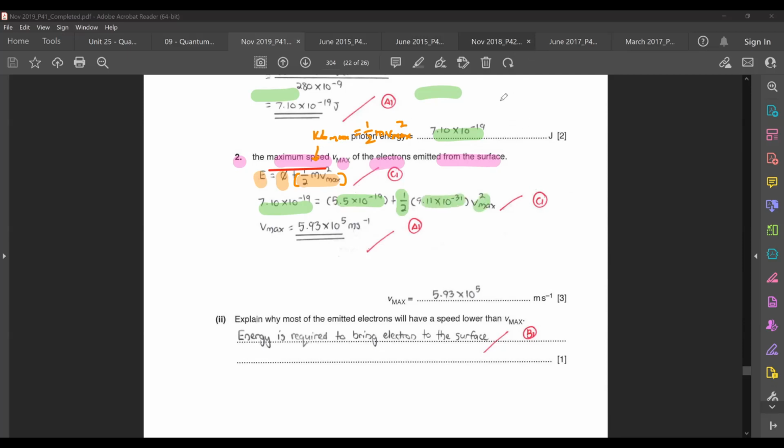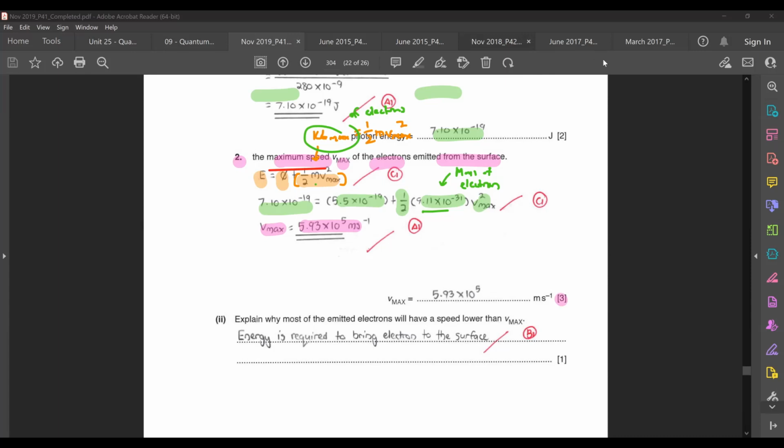This is the KE max of your emitted electrons. When it comes to the mass, you must use the mass of your electron, which you can get from the second page of your exam paper, from your data sheet. Eventually your Vmax will be 5.93 times 10 power 5 meter per second. It's a pretty simple working for 3 marks.